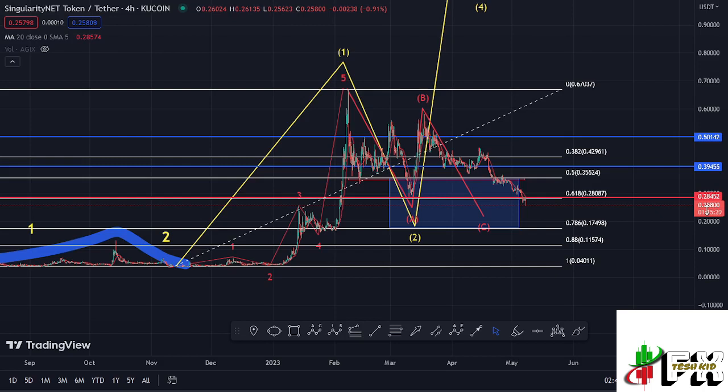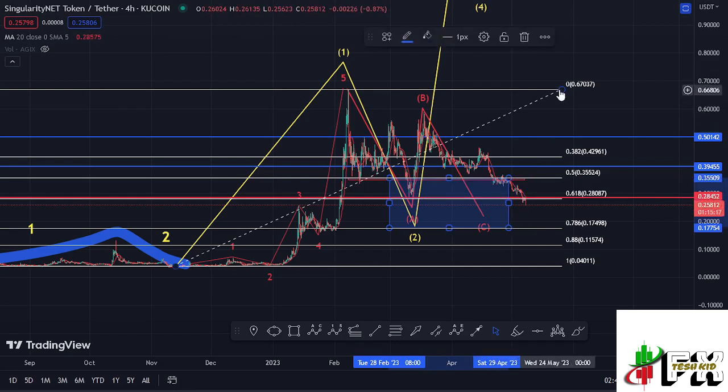And this is the minimum target area within which I'm expecting Agix to put in place the low for this second wave, which is the area highlighted here on the charts using this blue target area.